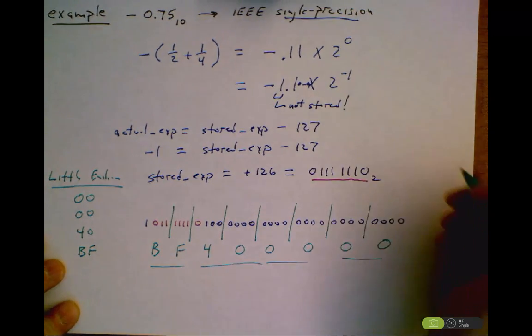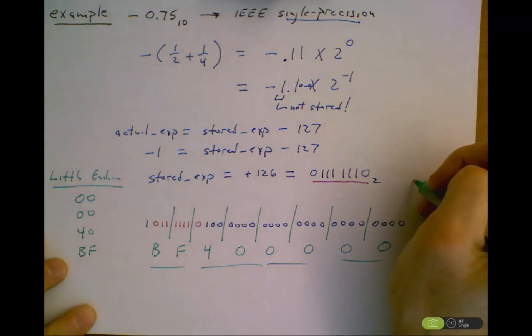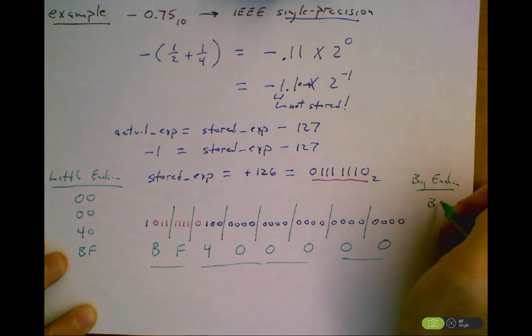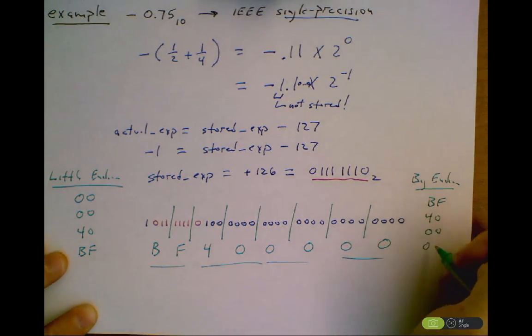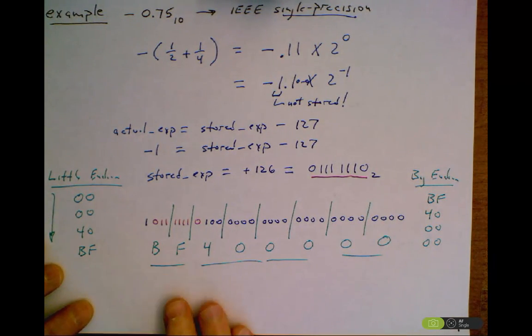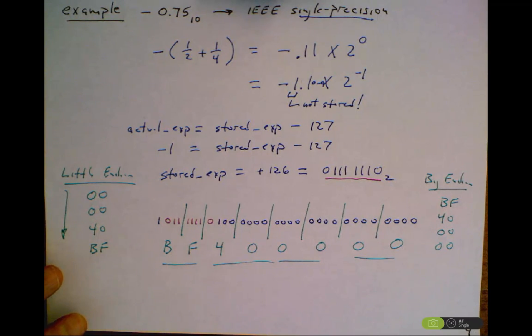Okay, and big endian, obviously, can I squeeze that over here? I guess I can. Big endian would be the BF first, 4, 0, 0, 0, 0, 0. Again, I'm assuming memory addresses are increasing down the page here. Okay. All right, so that's one example.